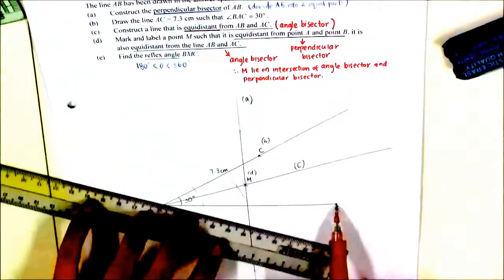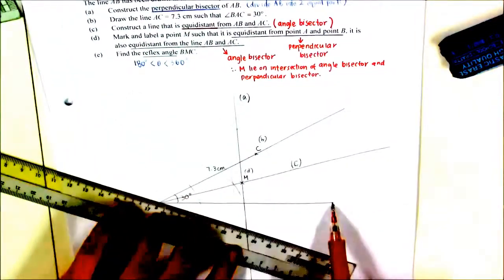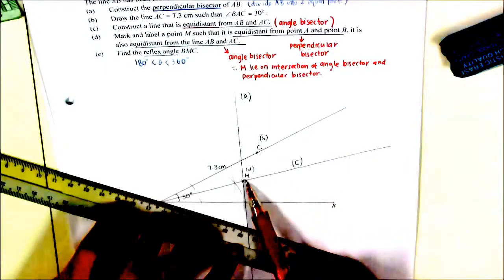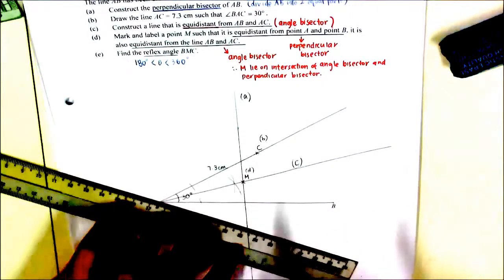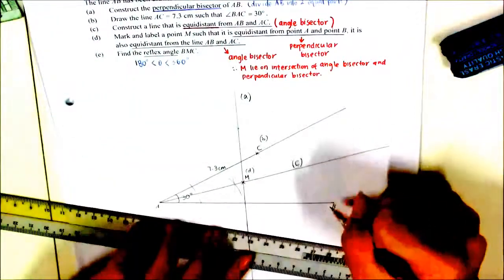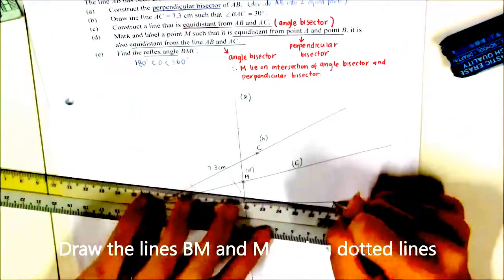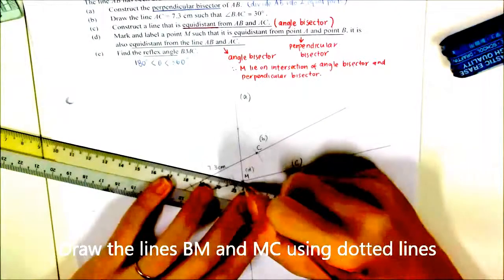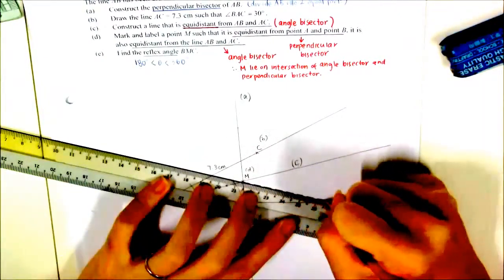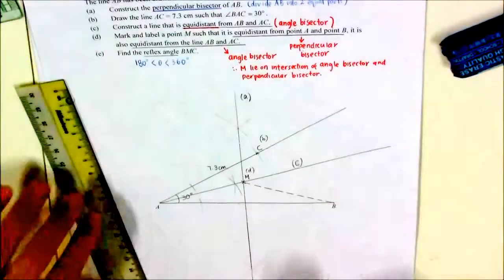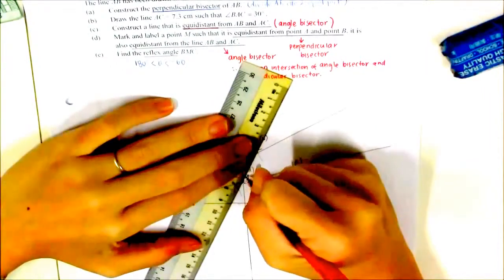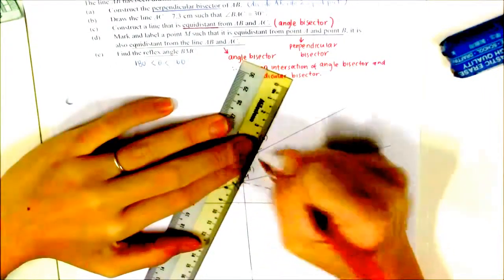You'll notice that there are no lines connecting B and M, and there are no lines connecting M and C. But since we are supposed to find the reflex angle, please use dotted lines to join the lines BM and MC. This will help you calculate or find the value of the reflex angle.